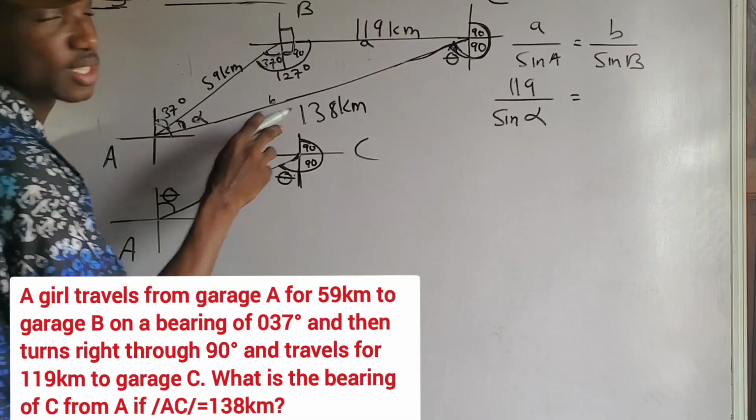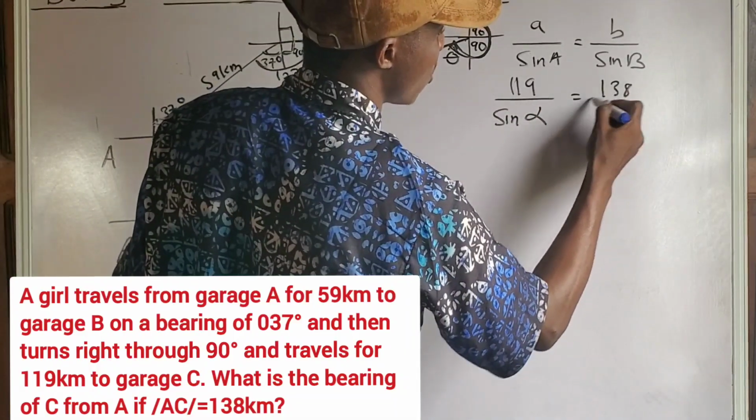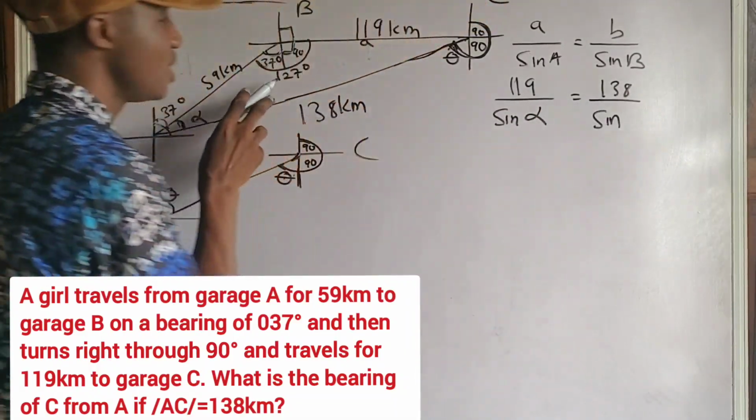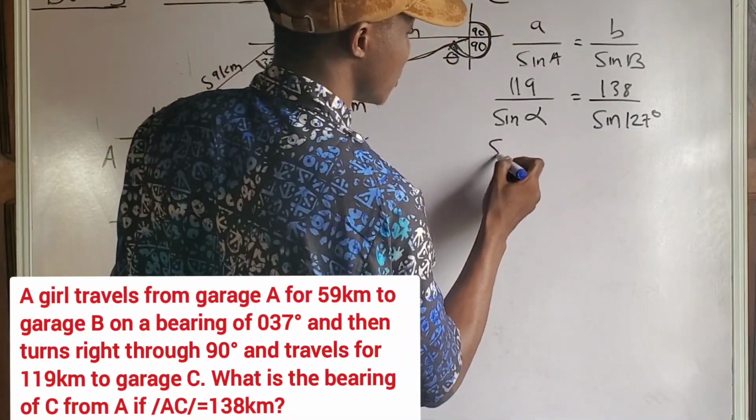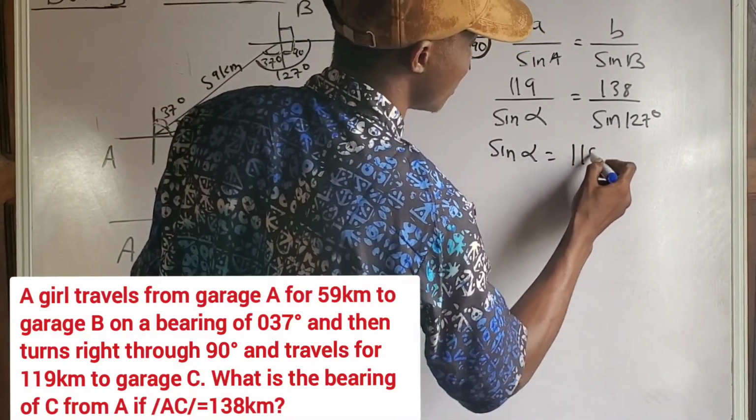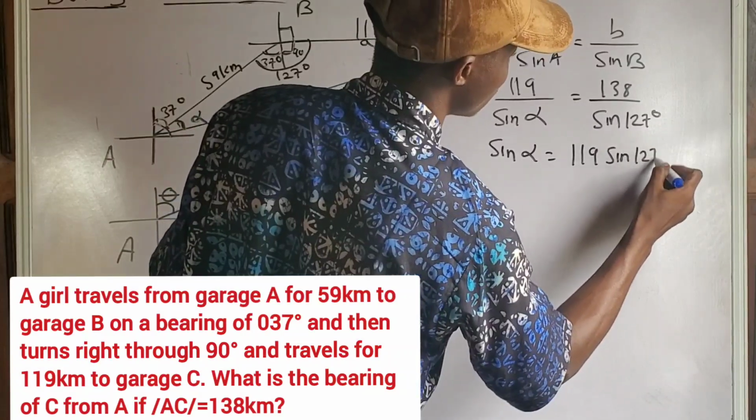B is 138 kilometers, and this angle B is 127 degrees.